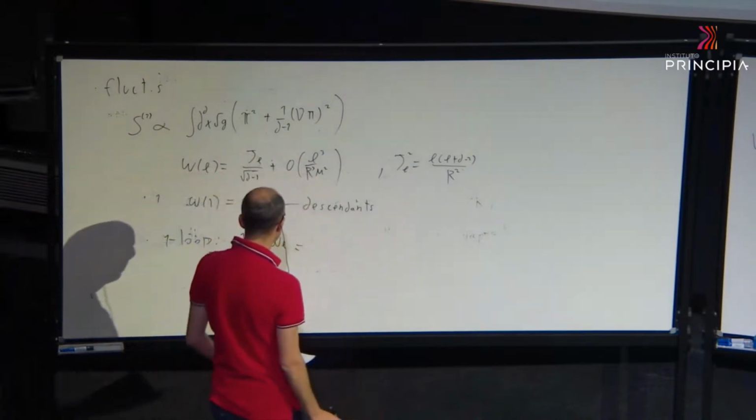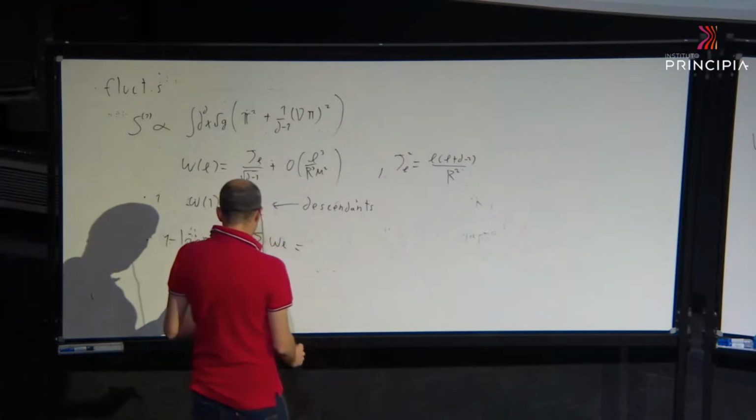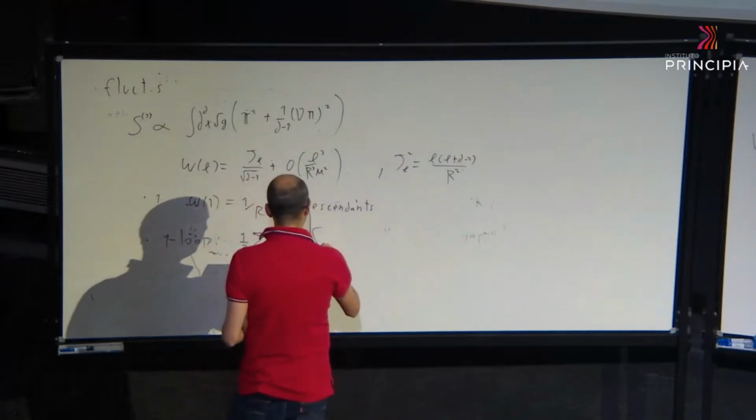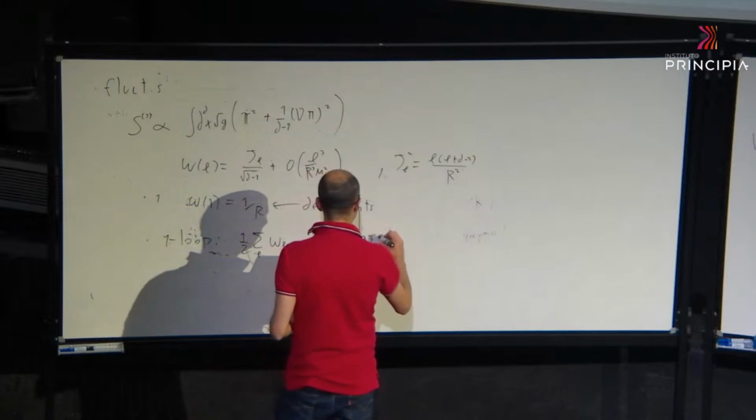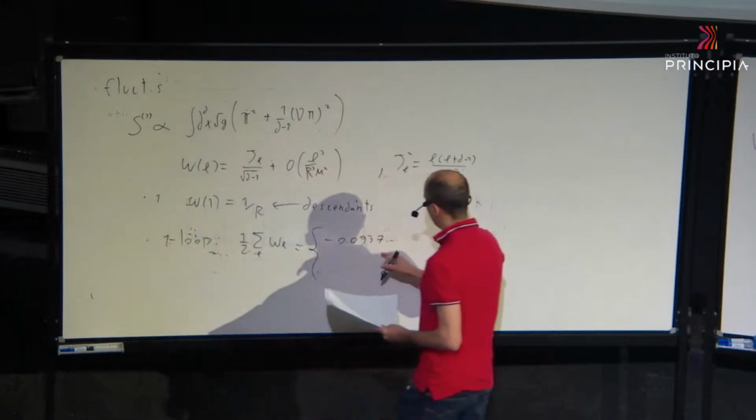And here the result depends on whether d equal 3 or d equal 4, or the number of dimensions in general. In d equal 3 it turns out to be a number.